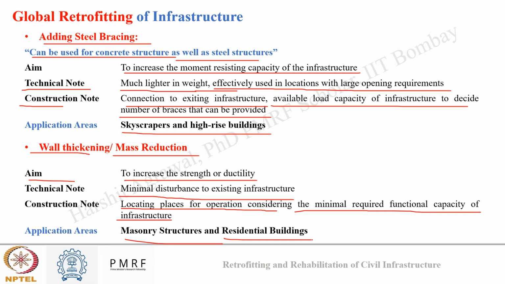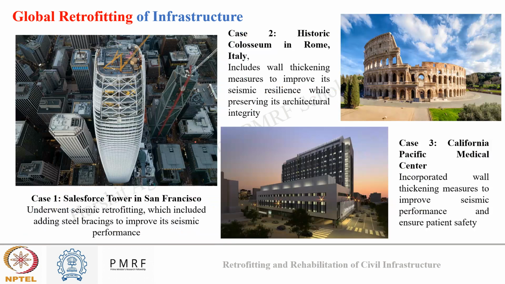So for masonry structures and residential buildings, if we want to strengthen the infrastructure against seismic activities, generally the wall thickening and mass reduction technique is used. Again, if we look at some special existing infrastructure where these measures were opted for, first we have the Salesforce Tower in San Francisco, which underwent seismic retrofitting by including steel bracings to improve the seismic performance.